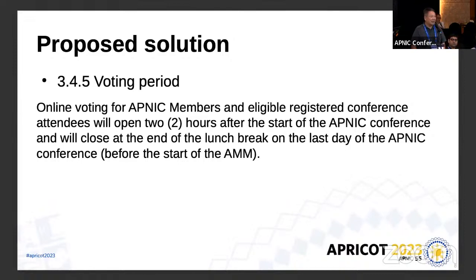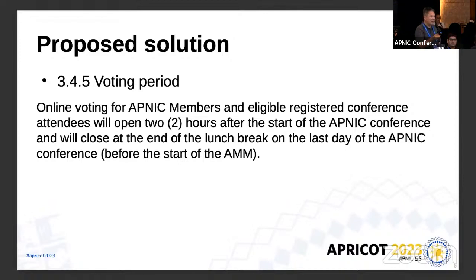So prior to COVID, a person who is present in the room can vote. When we went online, anyone can register for free onto the system and participate in the voting in the second category. I'm not sure if you understand that enough. The problem in APNIC 54 was that a lot of people registered on our system as attendees and participated in the voting, but we are not confident that they are real people.